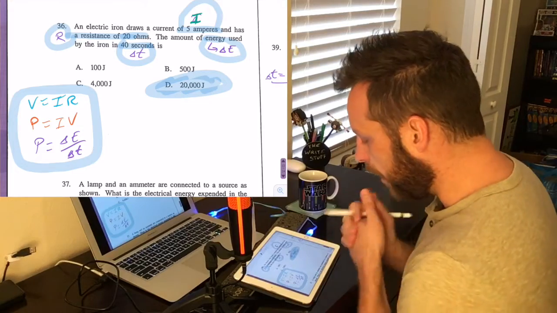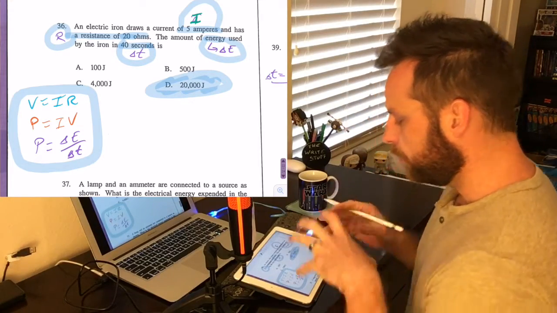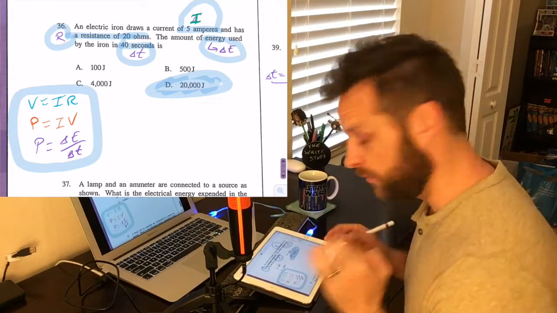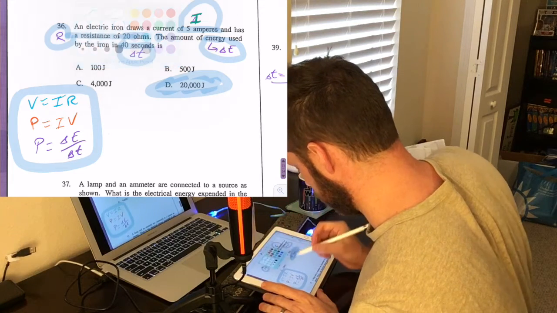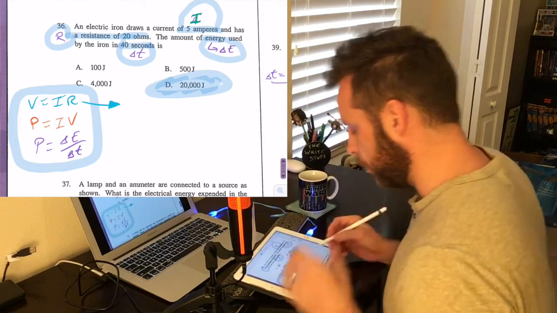Now, we have I, R, delta T, delta E, and none of those are in one equation together, but I times R will give us V in V=IR. So let's play around with that and see what we can do once we have the voltage drop over the iron.